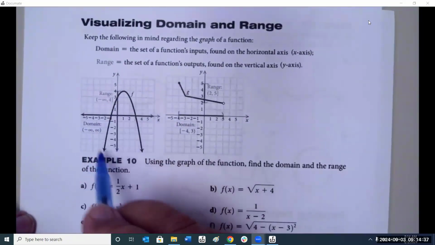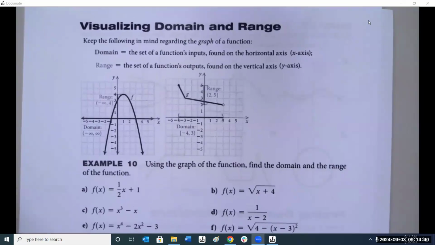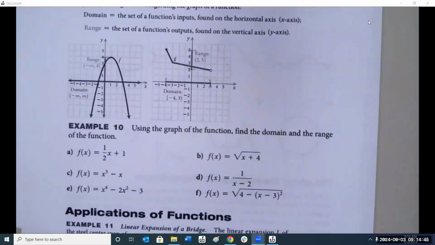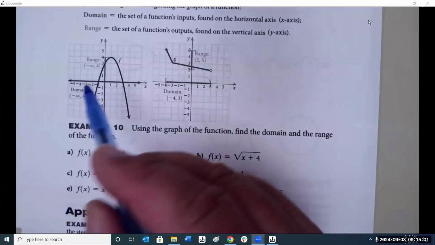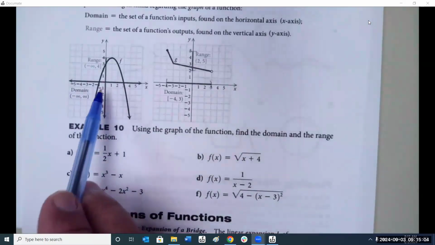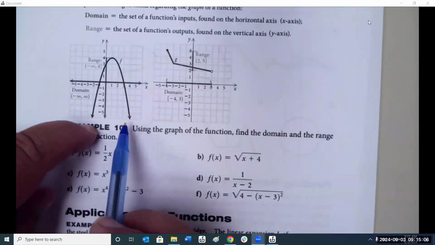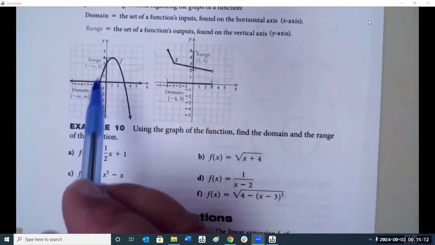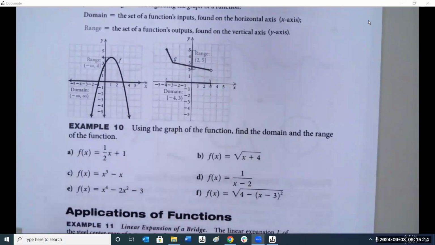Look at this graph here. What's the domain and range of this graph? Right. Domain, look at the x values. These graphs have arrows on both sides, so they go infinitely to negative infinity, but they're going slowly away. So the domain is from negative infinity to positive infinity.